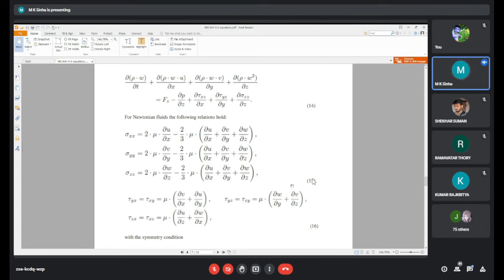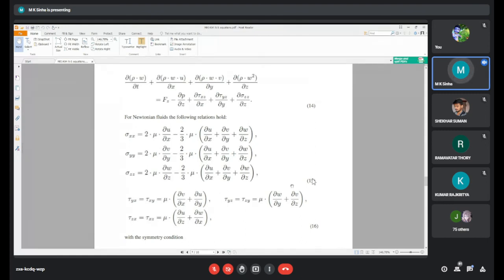So for tau xy, first we have written subscript x then y, so we take the derivative with respect to x and then y, with velocity components opposite to its derivative. So tau xy equals mu times del v by del x plus del u by del y. We write del x, and its opposite velocity component is v, so del v by del x plus del u by del y.